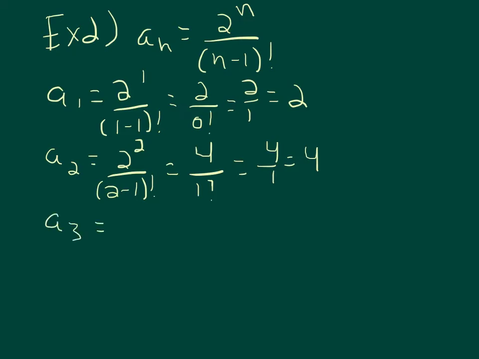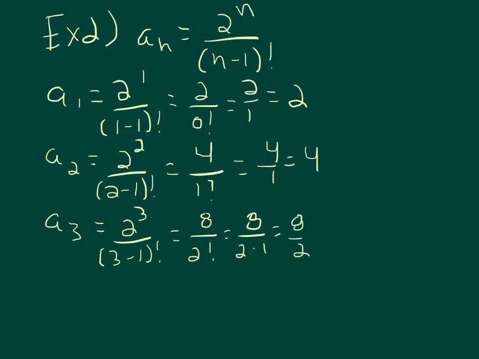A sub 3 would be plugging in a 3 for n, so you have 2 to the third over 3 minus 1 factorial. 2 to the third is 8. 3 minus 1 is 2, so we got 2 factorial, which means we have 2 times 1 on the bottom, which is still just 2. 8 over 2 is also 4.